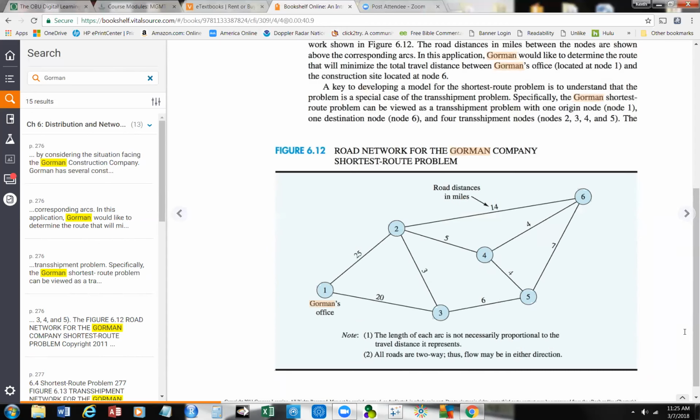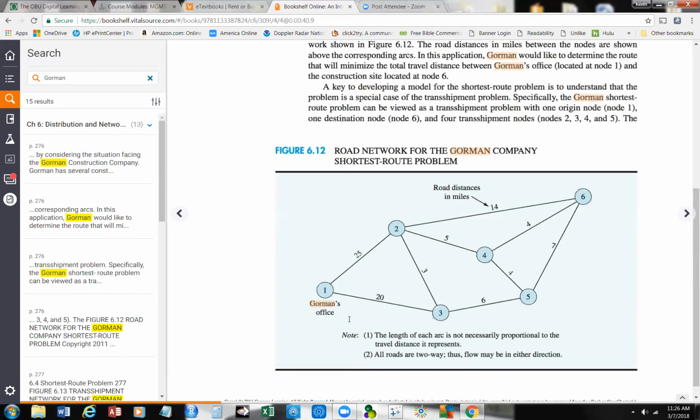If we look, for example, at the nodes 1, 2, and 6, we're looking at a distance of 39. My alternative route is to go 1, 3, 5, and 7. If I do that, that's 26, that's 20, that's 33. So right now, if I want to go from node 1 to 6, I'm going to take this southern path, as opposed to the northern path.